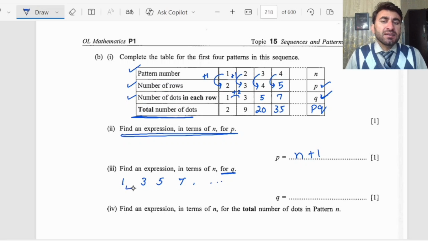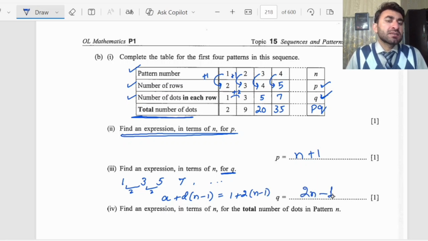As we see, it is a linear sequence with a common difference of 2, so we can find its nth term by using the formula for linear sequence a plus d times n minus 1, where a is 1, the first term, plus d is 2 times n minus 1, and when I simplify it becomes 2n minus 1. 2n minus 1 is the number of dots in each row represented by the q.